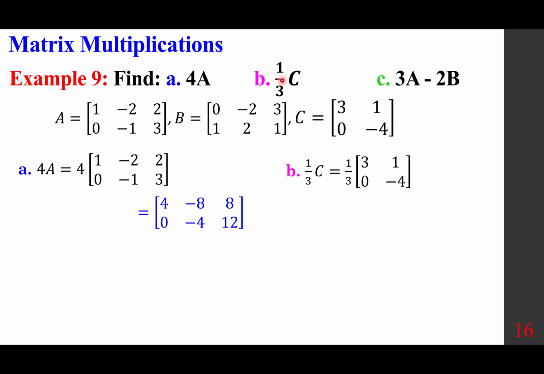So when we multiply by 3, we get 1. This one 1/3. This one doesn't change, and this one is negative 4/3. That's what we get.